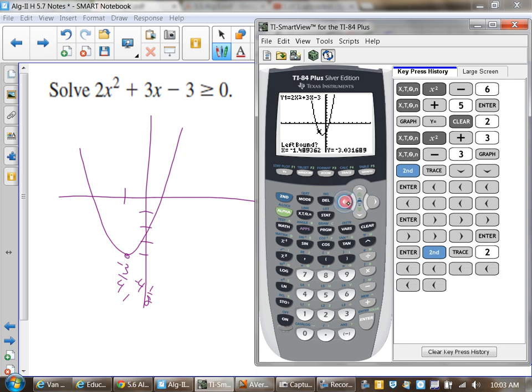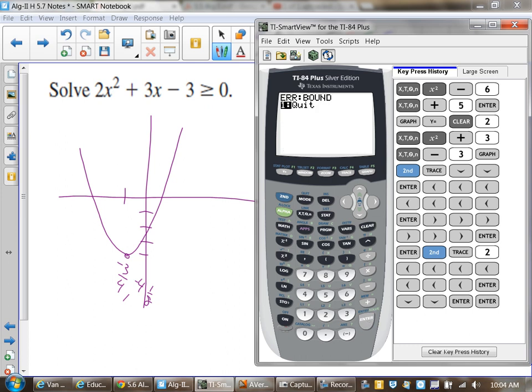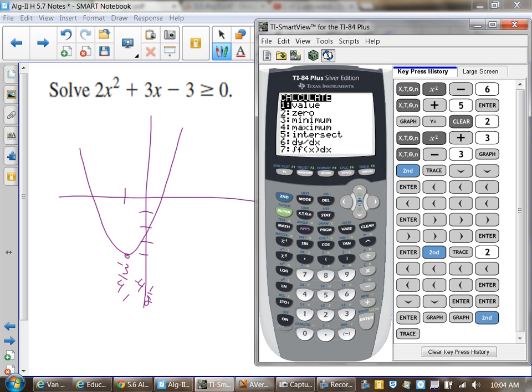I have to find 2 of them, so I'm just going to move this up. See how I've got my cursor above? Go below. I didn't go below. Once again, second calculate 0. Above.